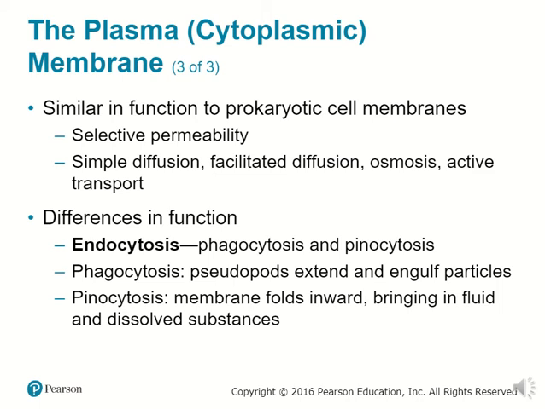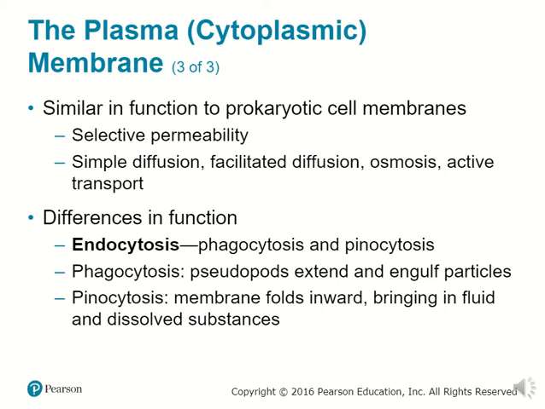Now, similar in function to prokaryotic cells, eukaryotic cell membranes have selective permeability, so they'll only allow certain substances to pass through. And they do have simple diffusion, facilitated diffusion, osmosis, as well as active transport.